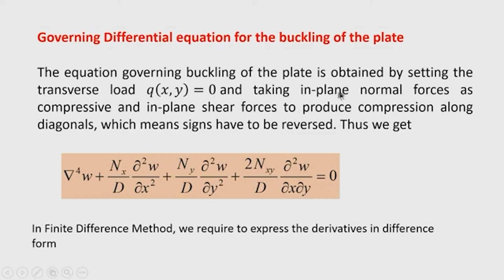So, we take the transverse load to be 0 for finding the critical load. Just like in free vibration analysis, where we find the natural frequency of the system, whether it is a beam, plate or cable, we put the external load to be 0 and we solve this homogeneous problem.